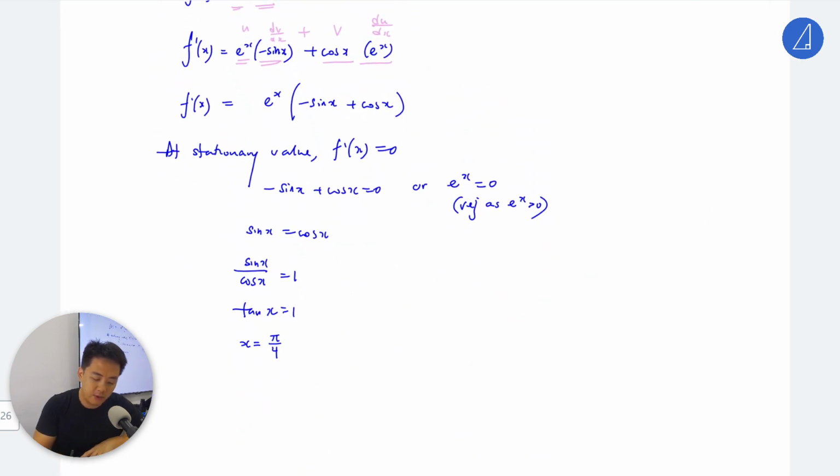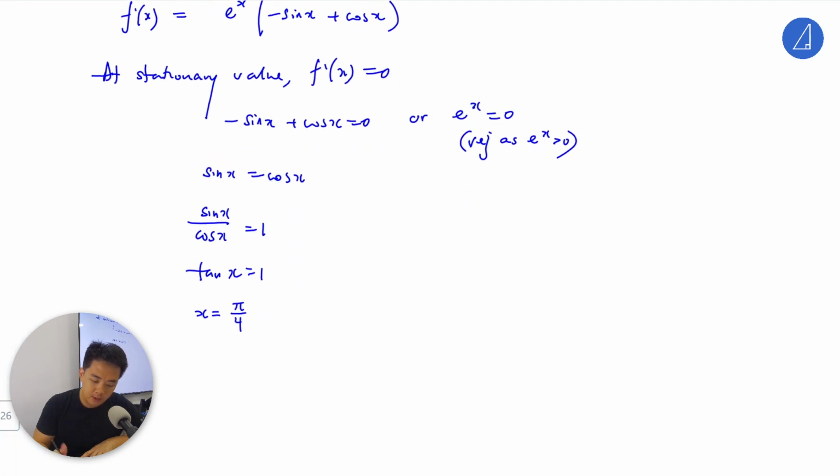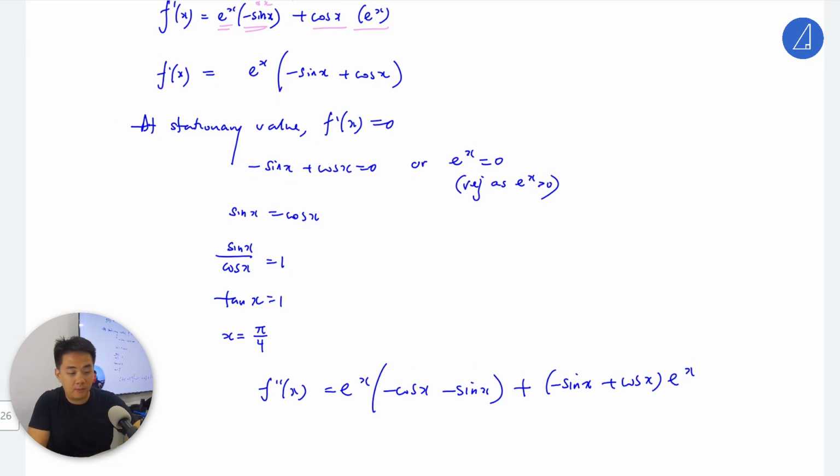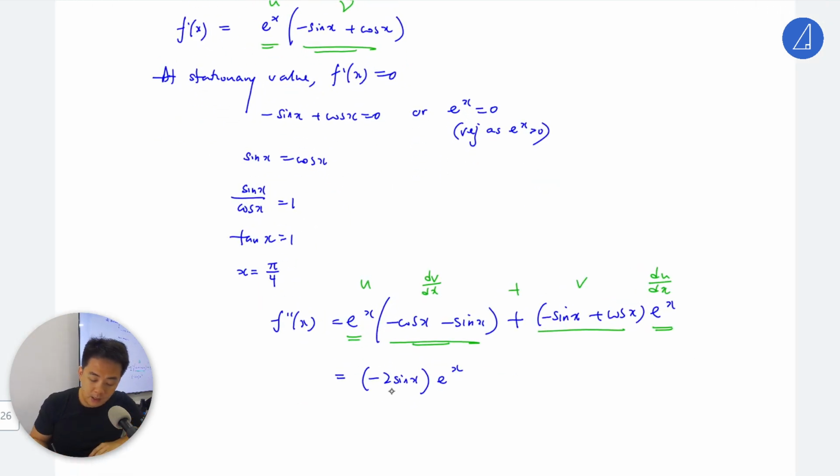So just differentiate this once more. So f prime x is e^x (negative sine x plus cosine x). Okay, so I am going to label this out. I'll get negative 2 sine x e^x.